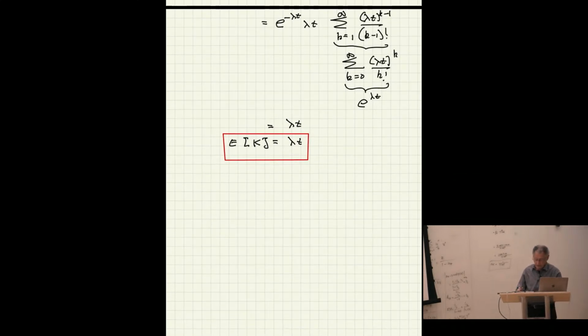Let's go for the variance now. First, I'm going to calculate something related to the variance.